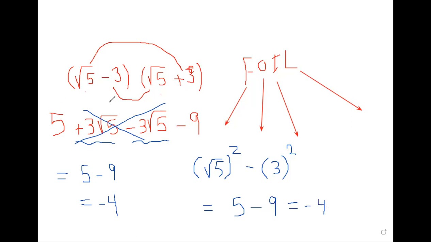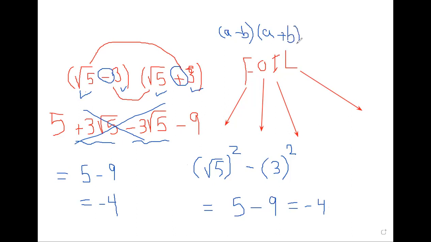Then for this special case, the difference between two squares, we will note that I have root 5 and root 5, and I have 3 and 3, but the sign in the middle is different. So in this case, if I have a minus b and a plus b, what is the rule?